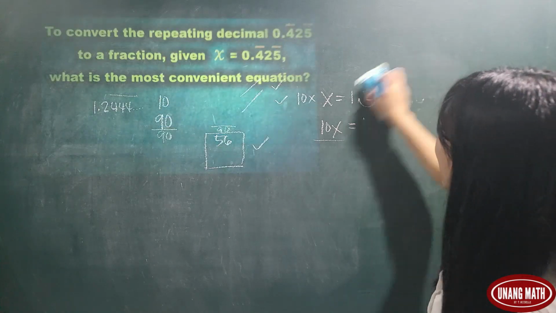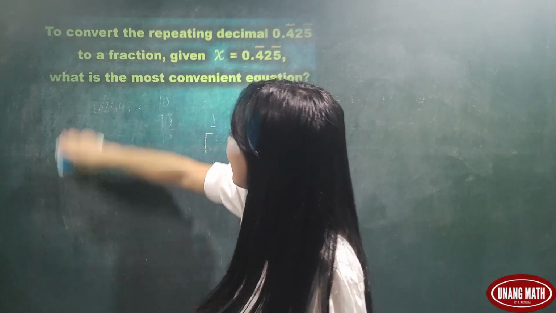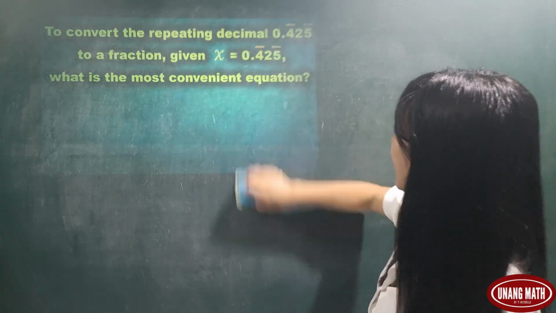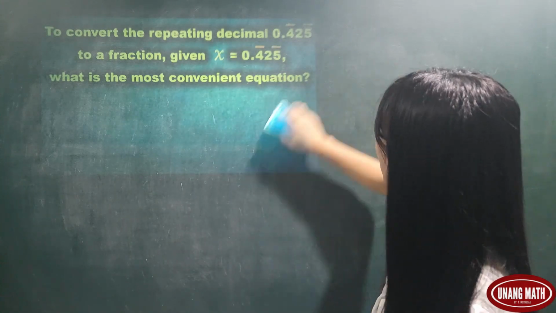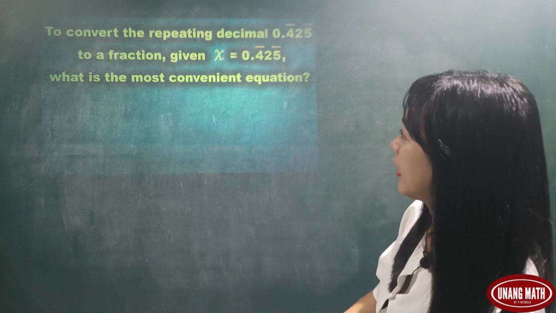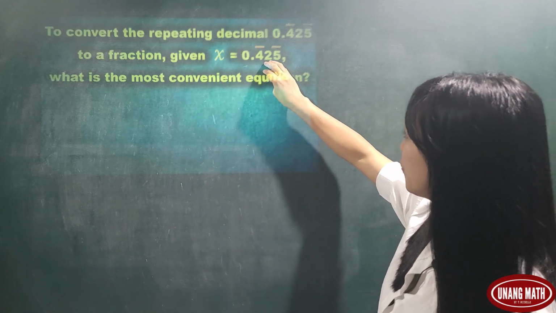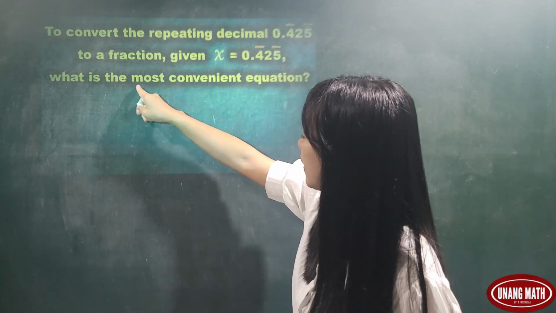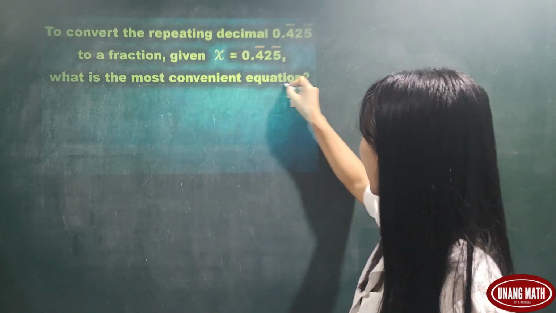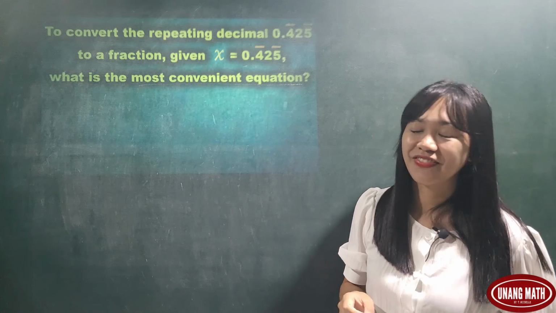Okay, let's answer this simple activity. To convert the repeating decimal 0.425 repeating to a fraction, given that x is equal to 0.425 repeating, what is the most convenient equation?